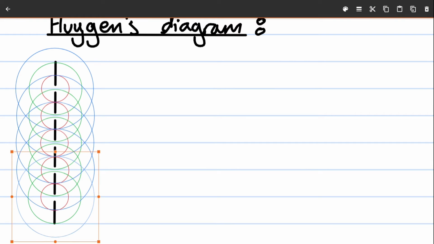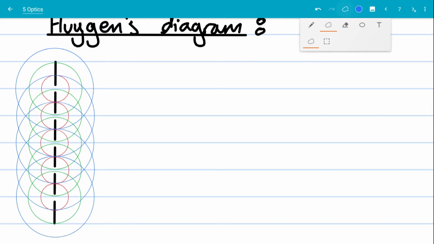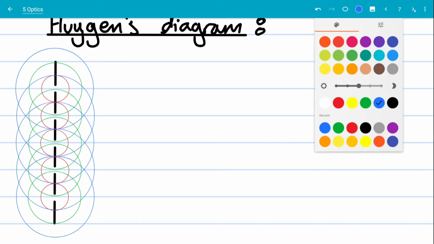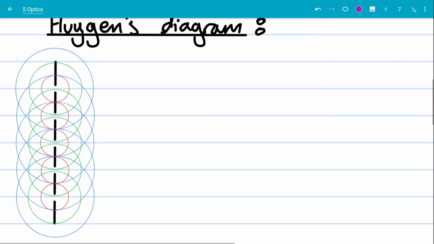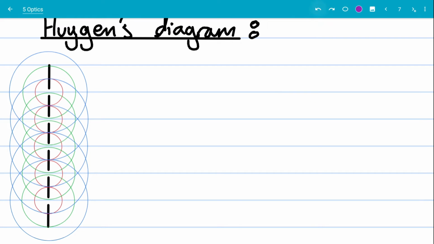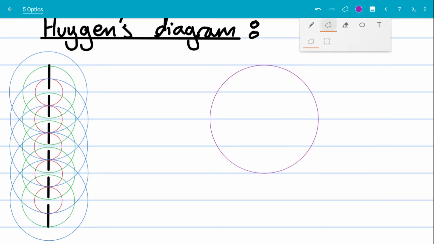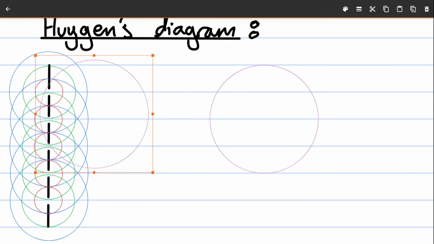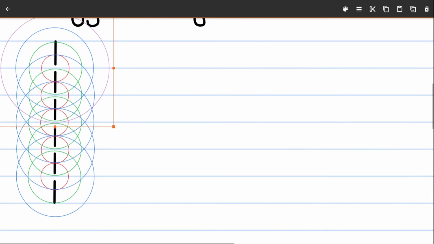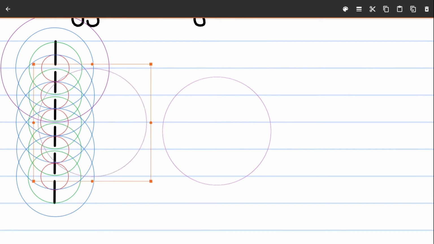Let's do another one. So let's draw a purple wavefront. Another time period later. Is that the one I've just done? No, I think that's right. They're supposed to be circular, and they're not perfectly circular, but they're not bad, are they? I've seen worse diagrams.